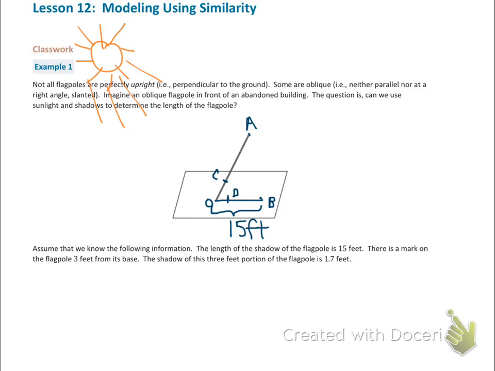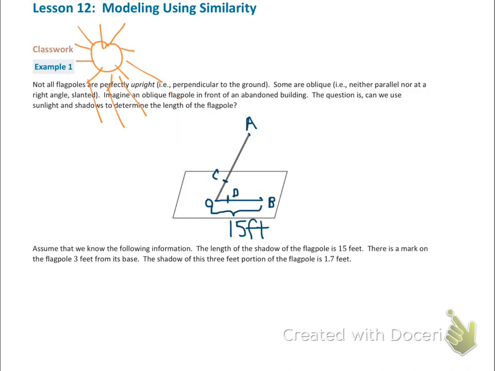Okay, so you may be saying, all right, I see an angle there, but where are the triangles? A lot of these problems involving similar triangles involve shadows, and the reason for that is we can assume that all of the sun's rays are coming at a given angle.